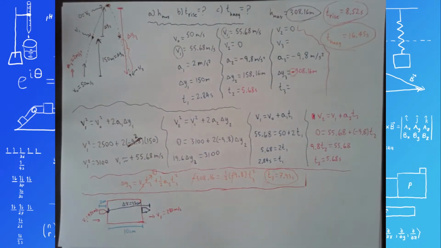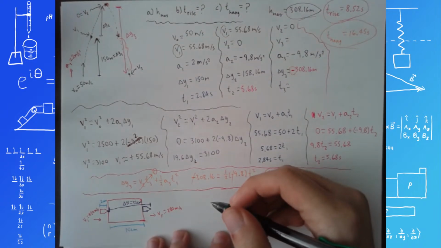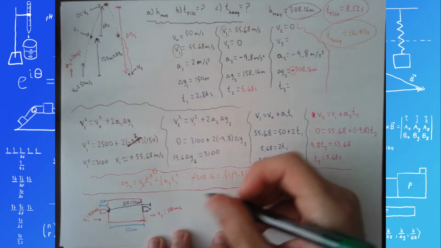So that's the biggest issue with this problem. Once you understand this, the rest is easy enough. It's just that the numbers are a bit weird and unusual. It's not really what you're used to seeing in most problems. But yeah, let's go through it. So first off, we need to convert our units.